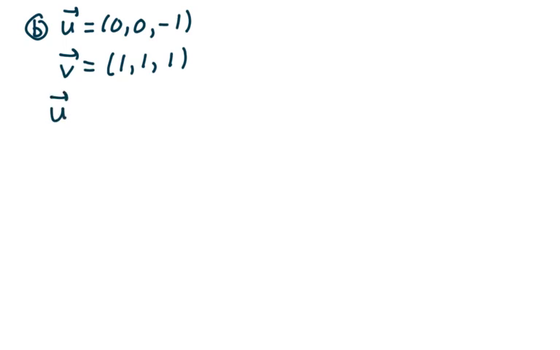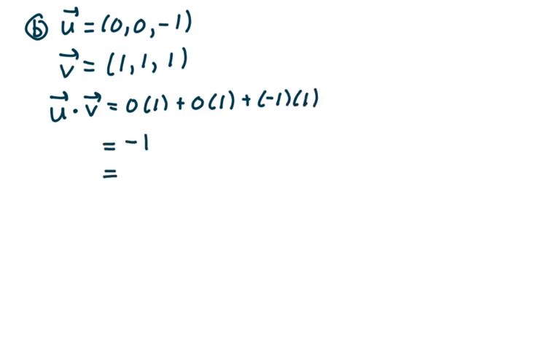So if I take the dot product of u and v, this is 0 times 1 plus 0 times 1 plus negative 1 times 1. This is equal to negative 1, which doesn't equal 0. And so, therefore, u and v are not orthogonal vectors.